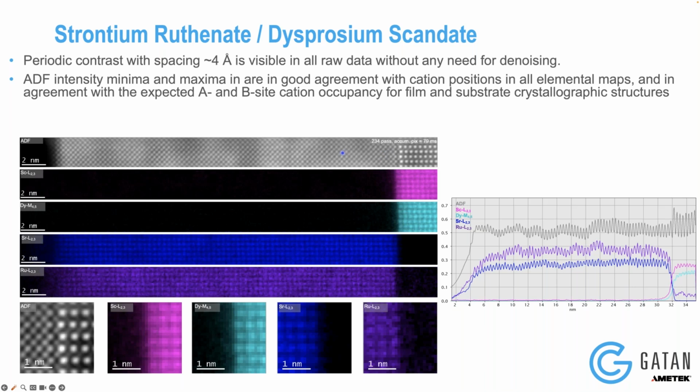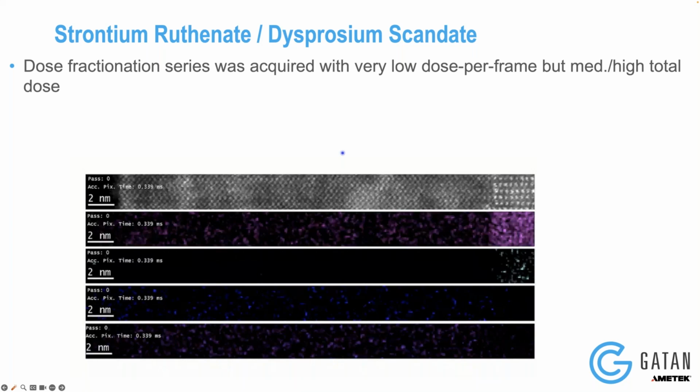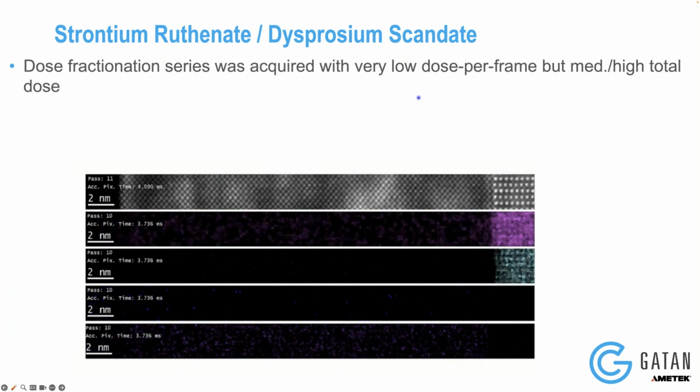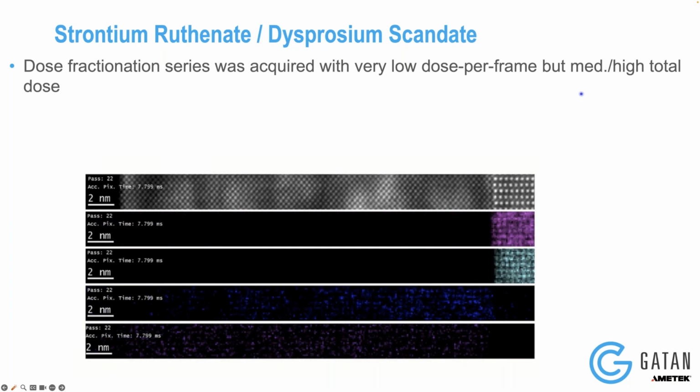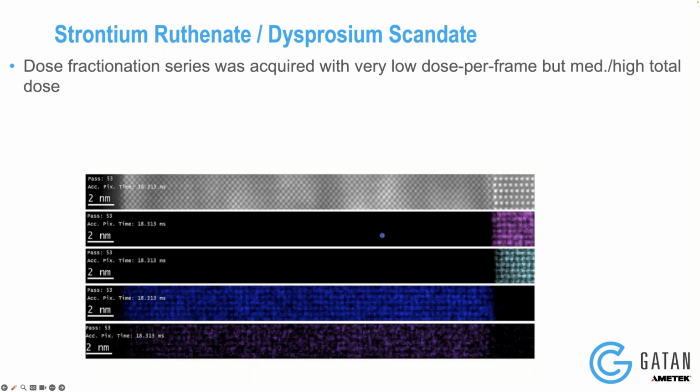One of the things that's important, particularly when we're doing something with dose fractionation, is that we don't necessarily know when this is going to damage, okay? So what we tend to do is acquire very low dose per frame but medium or high total dose. What you're seeing now at the bottom is the accumulating data in that time series.